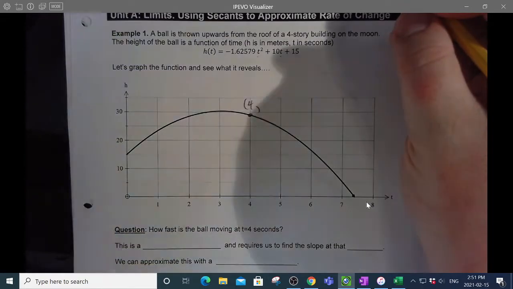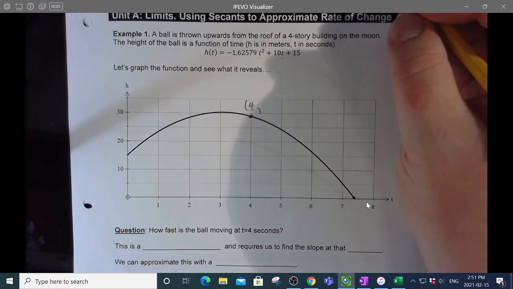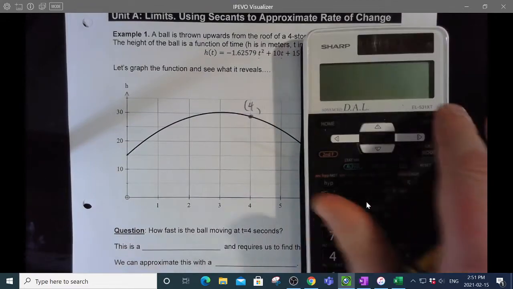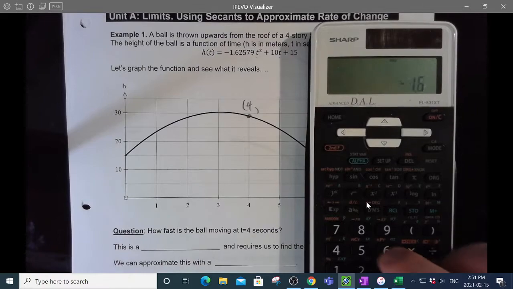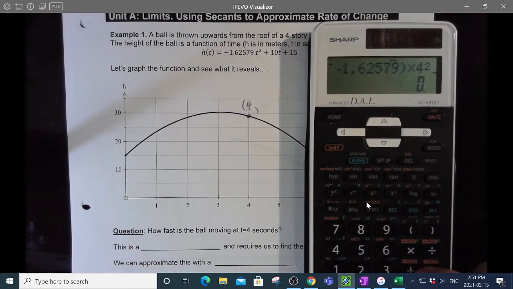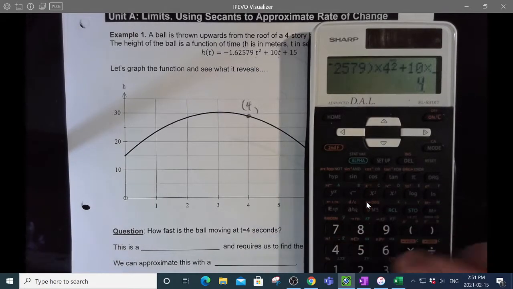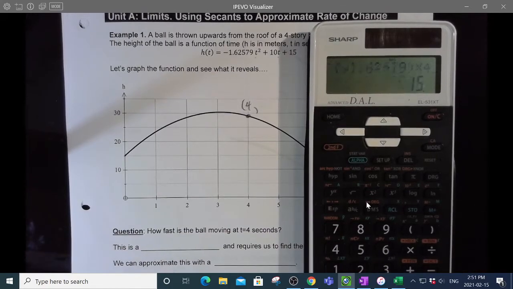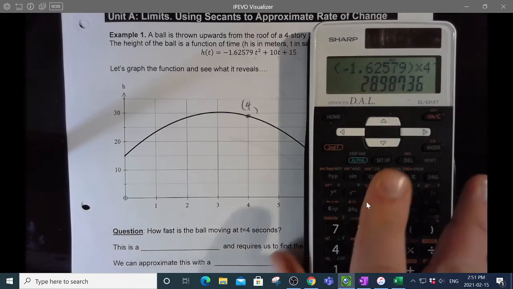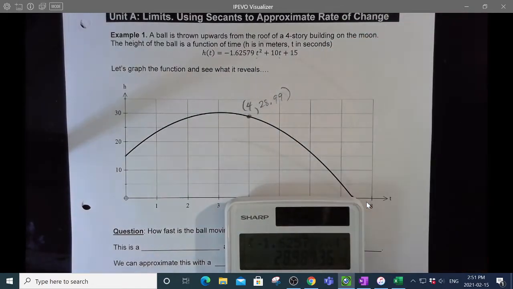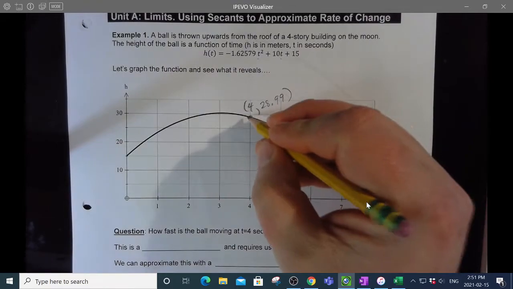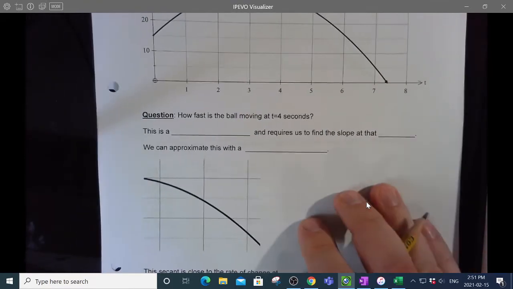And when I was doing the example, I just pointed out that we could run 4 through the calculator here, and that's negative 1.62579 times 4 squared plus 10 times 4 plus 15, and that gives me an answer of 28. I rounded it to 2 places in the notes, so 28.99.